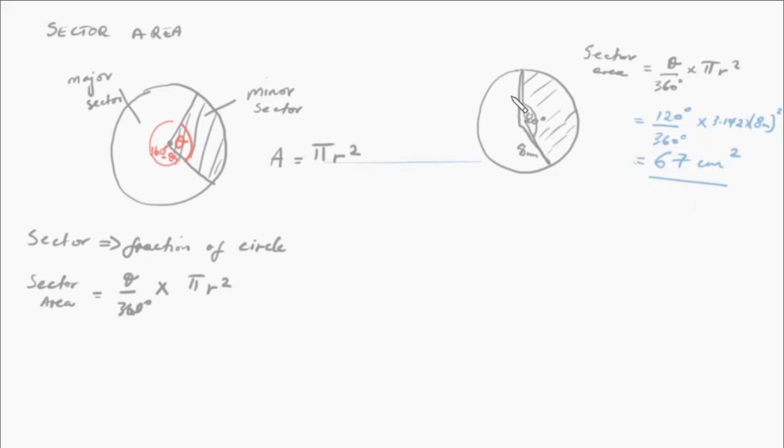So what if you were asked to find the area of this sector, the major sector? That means you would just find the theta here, which is 360 minus 120, which is 240 degrees. Now you are going to have 240 degrees over 360 degrees multiplied by pi r squared.